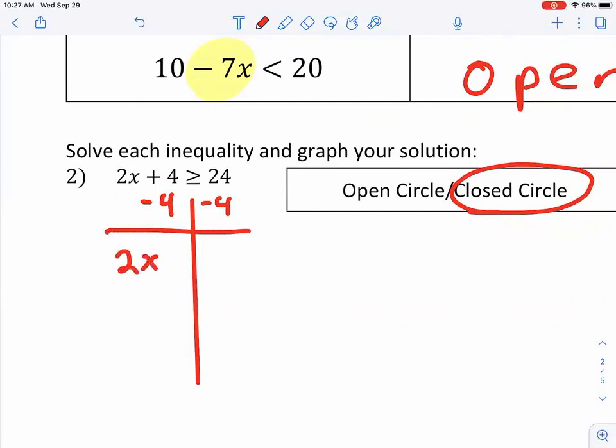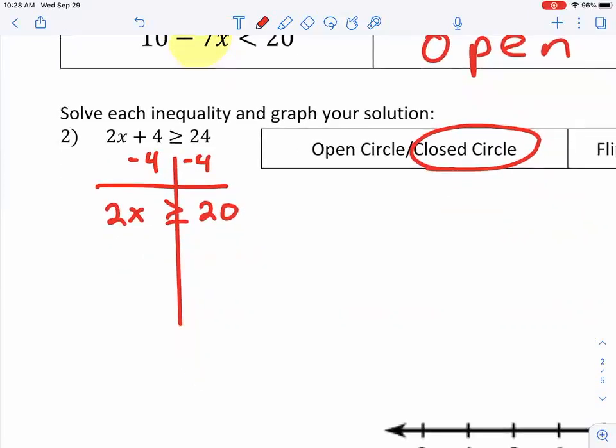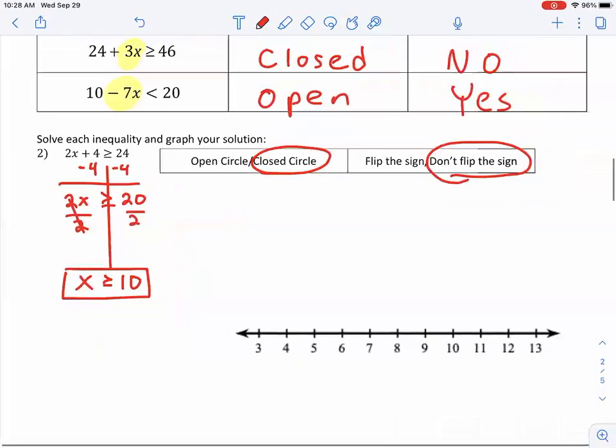Now my sign is not an equals, but it's a greater than or equal to. And 24 minus 4 is 20. And now I'm going to divide by 2. Let's cancel. And I get x is greater than or equal to 10. That's my answer.